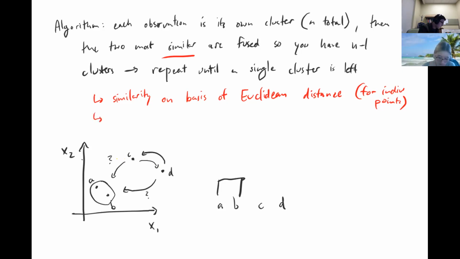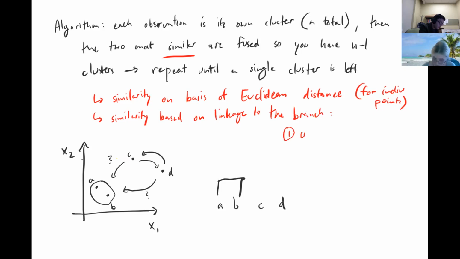So the other metric for similarity is based on linkage to the branch. And there are 3 ways to do this.